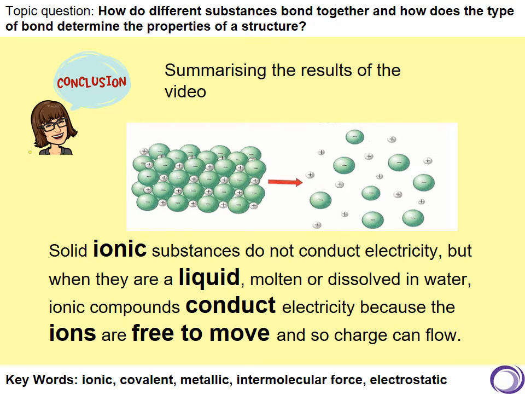However, once they become a liquid and the particles can move, and that could be either as a molten solid, so we've just heated it up till it melts, or we could dissolve it in water. Once the ions are able to move, then they will conduct electricity because the ions can move and so the charge can flow.